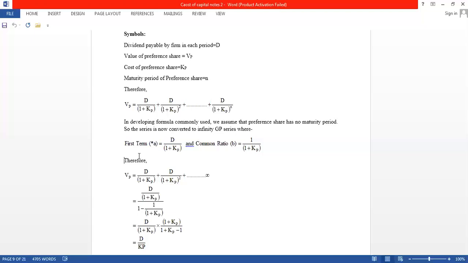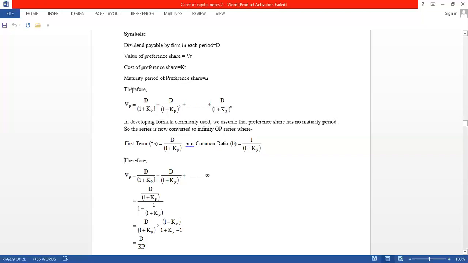Now look at the formula that we have mentioned here. We have used some symbols. First symbol is dividend payable by the firm at each period, which is D rupees. Then second symbol is value of preference share, which is VP. Third one is cost of preference share, which is KP. And then maturity period of preference share, which is N.